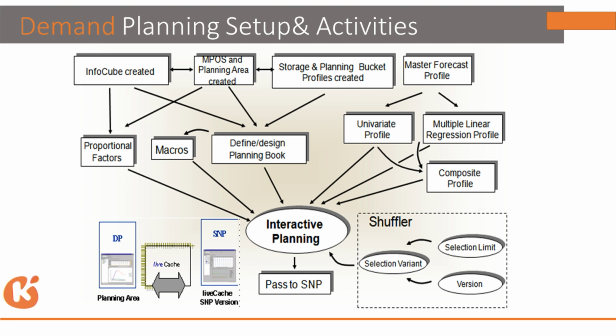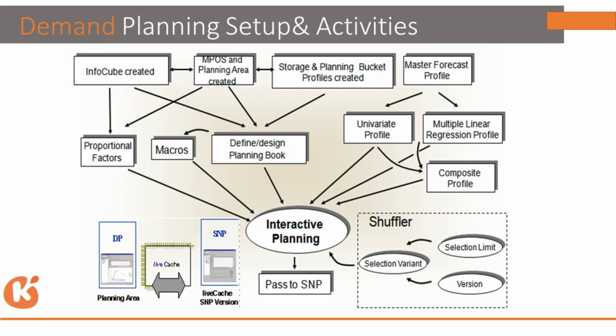The basic configurations are shown in one slide. There are other configurations also, but these are important for a basic cycle: MPOS and planning area, storage bucket profile and planning bucket profile, master forecast profiles, planning books, macros, and interactive planning. Anyway, tomorrow onwards we are going to start doing these configurations in the system.